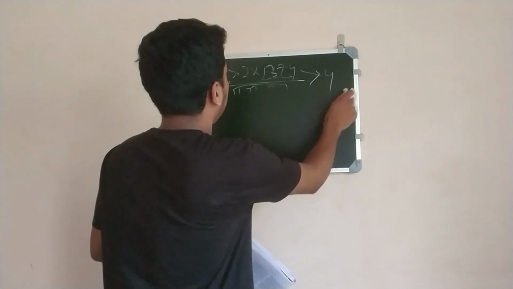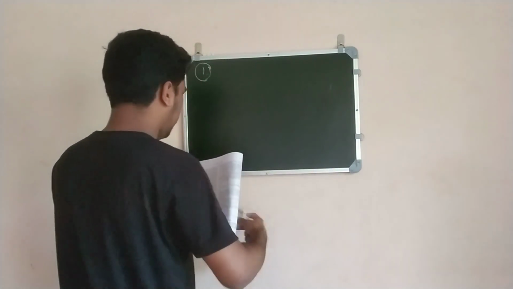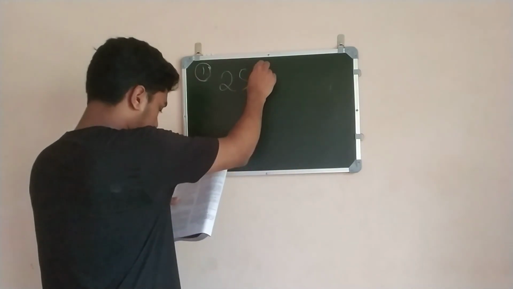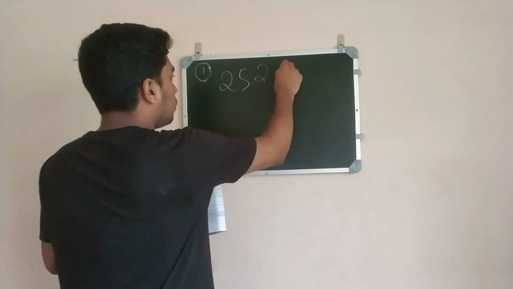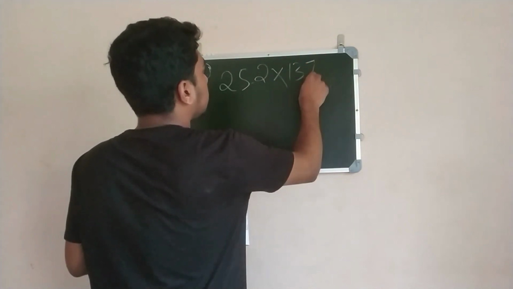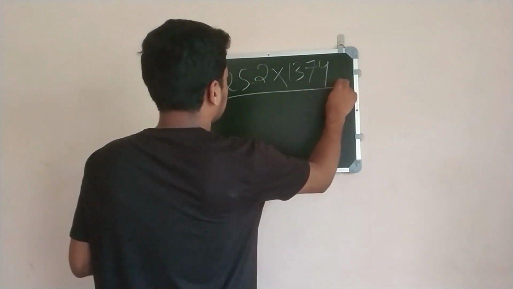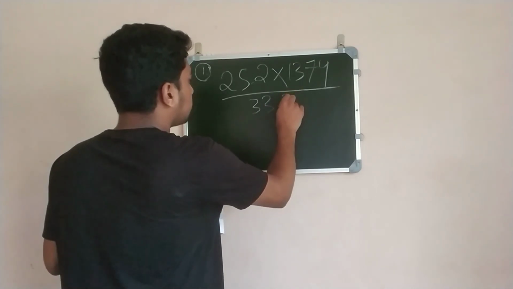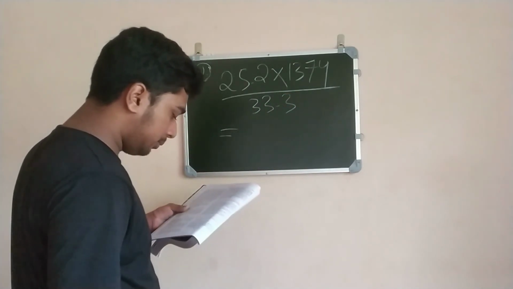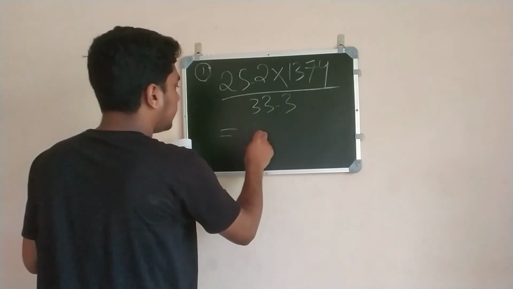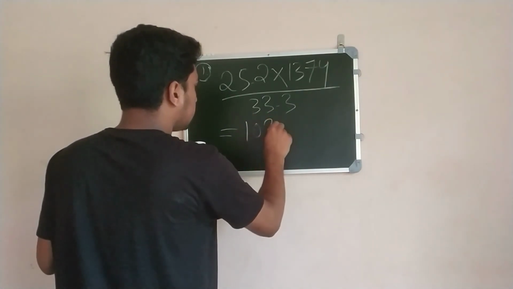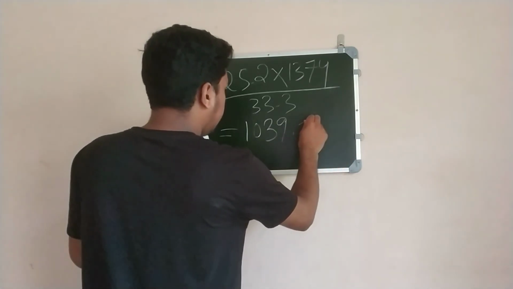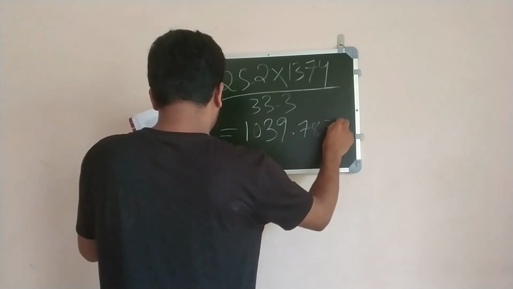Then when I calculate 225.2 times 1374 divided by 33.3, the result will be 1039 7836.